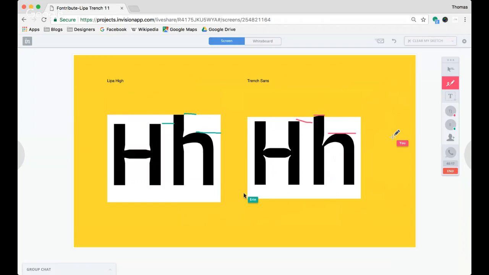As we were saying, the X height of these sorts of typefaces is quite high. The difference here is that in Lipa, the cap height is actually a bit shorter than in Trench Sans, as you can see here. That might be interesting when we look at this in context. Anything else you want to add?